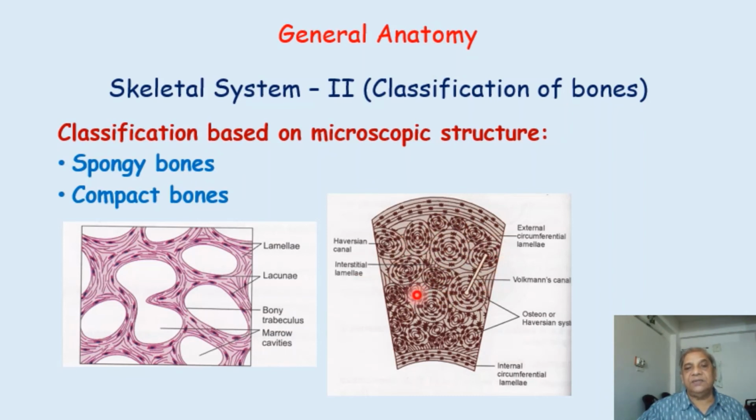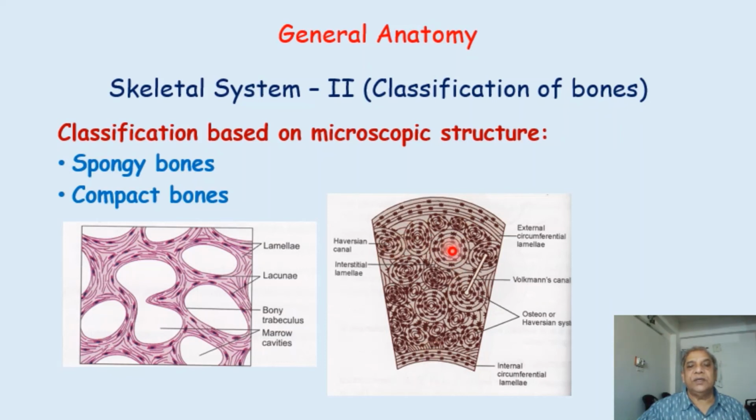They are the lamellae surrounding a Haversian canal, which is the central canal through which pass the blood vessels and the nerve, and this bony tissue then covers in the form of a circle. Now this whole set of circles surrounding the Haversian canal is called an osteon or Haversian system. And in this way so many Haversian systems or osteons form a compact bone.